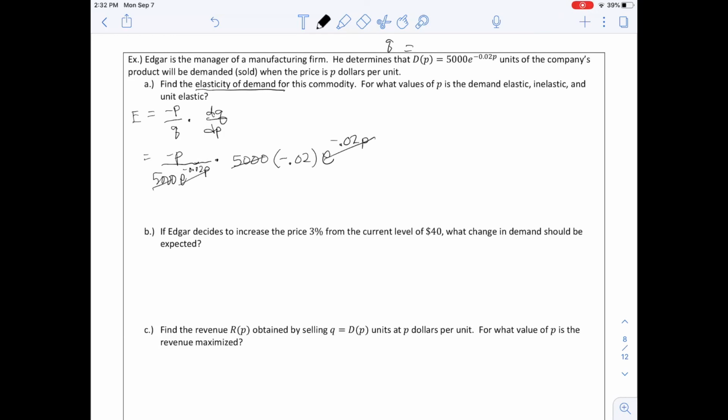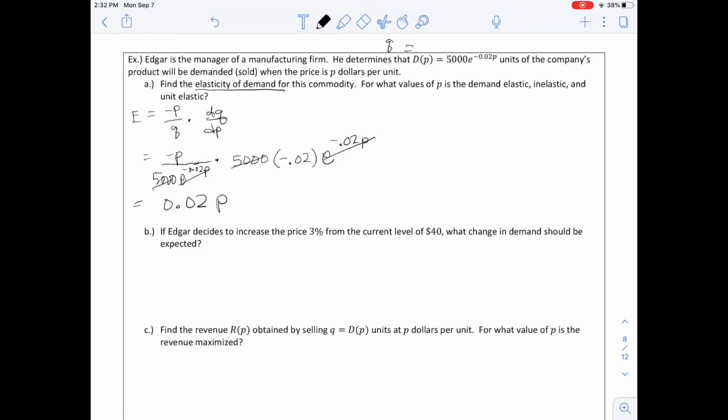Going ahead and simplifying this, we arrive at 0.02p. So that is our elasticity of demand function that we would have.